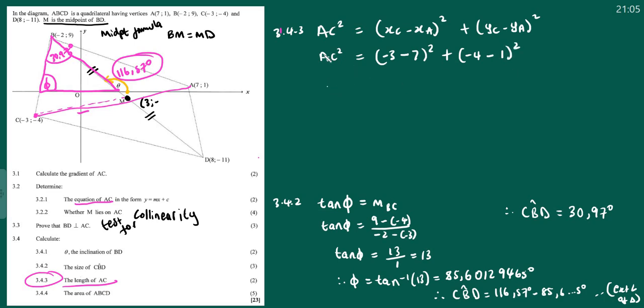You put that in your calculator, then you root both sides to get the length of AC being equal to what? 100 plus 25, 125. So it gives you the root of 125. Yeah, so we should give you 5 root 5. Then you'll be good.